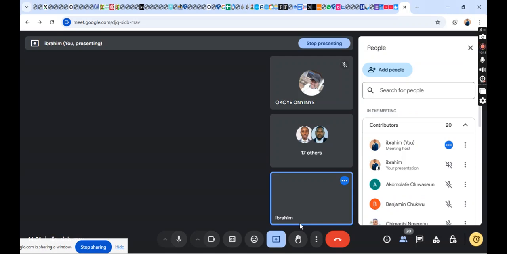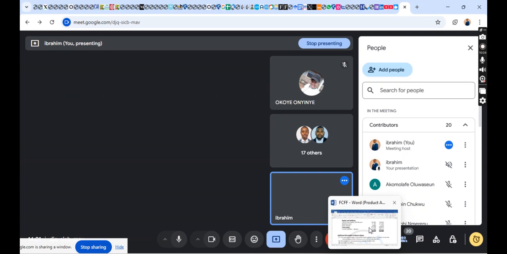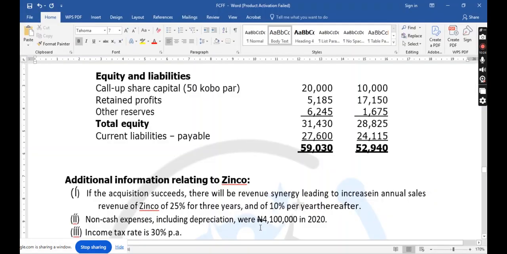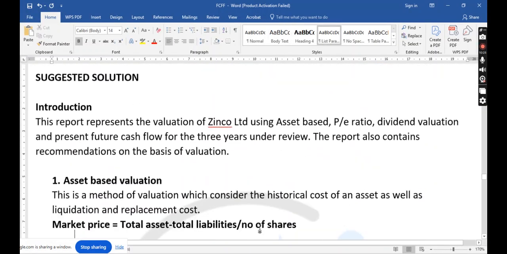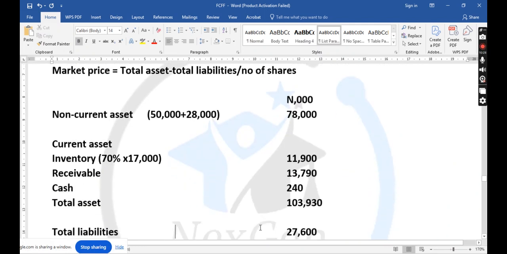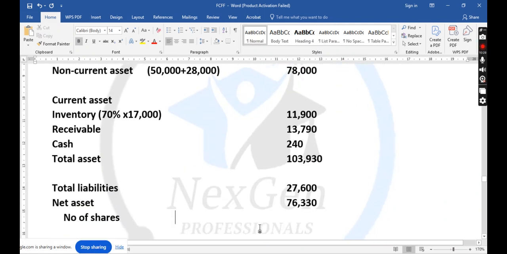I think, Class, 20,000 divided by 50 kobo. That's good. 20,000 divided by 50 kobo. So now, that is what we use to determine the ordinary shares. That's a very good one, right? So, 20,000 naira divided by 50 kobo.